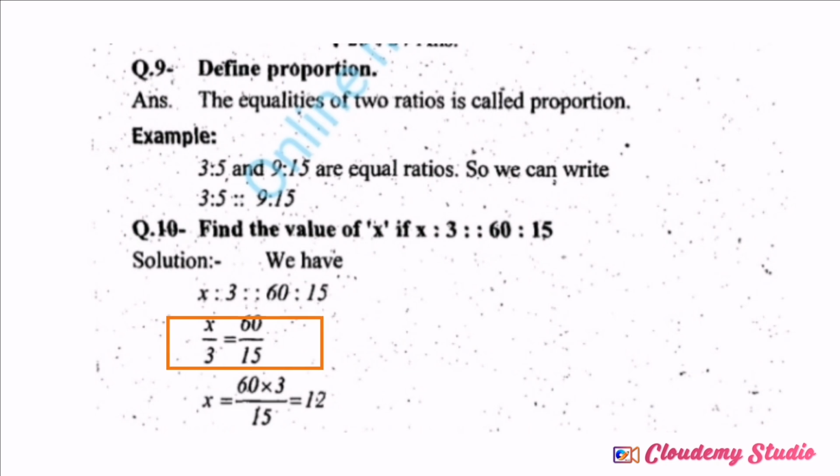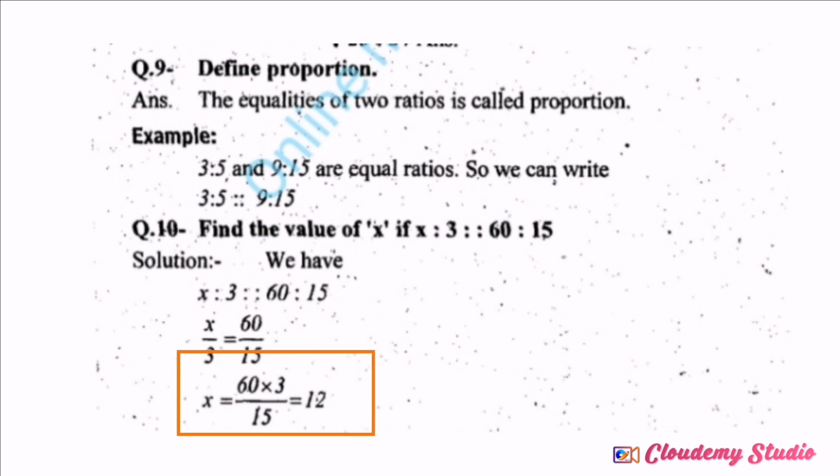If we multiply both sides by 3, x is equal to 60 multiplied by 3 divided by 15, and this is equal to 12. So the value of x becomes 12.